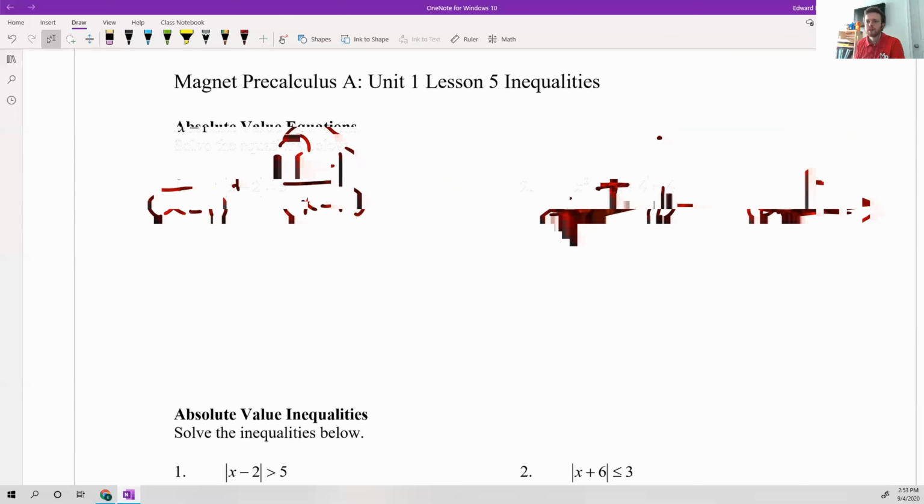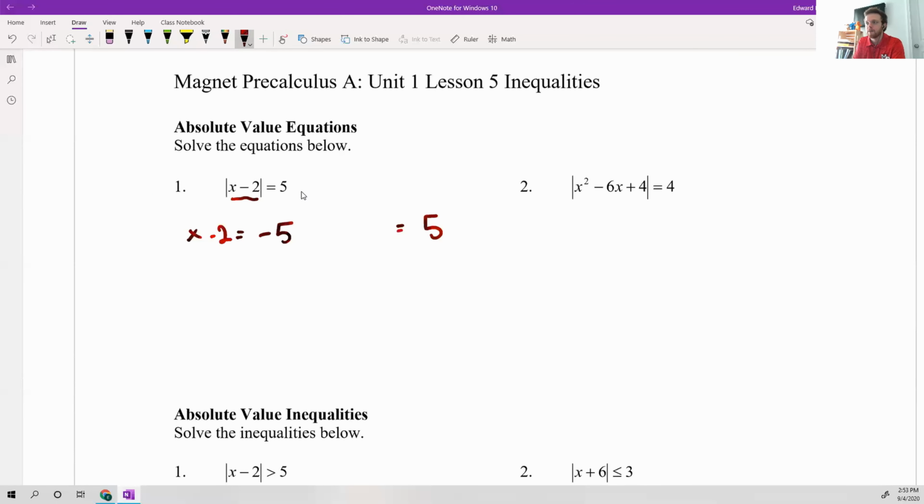I think there's only 2 things that when you take the absolute value of, you get 5. What are they? Yeah, 5 and also -5. We need x minus 2 to be -5, or we need x minus 2 to be 5.